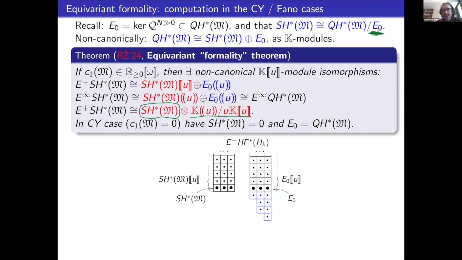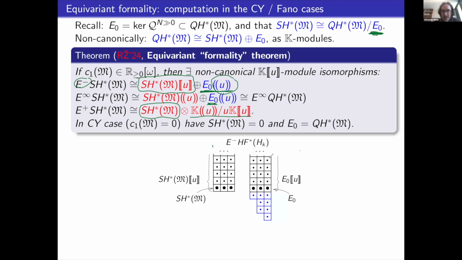It got killed. And suddenly this E0 part gets resurrected in the equivariant theory. And that part, even in the E minus theory, actually has Laurent series in U rather than just polynomials in U. So there's the equivariant formality part that you would expect, classical symplectic cohomology, and then polynomials in U, and then this unexpected summand, which is resurrected from the classical cohomology with Laurent series in U.